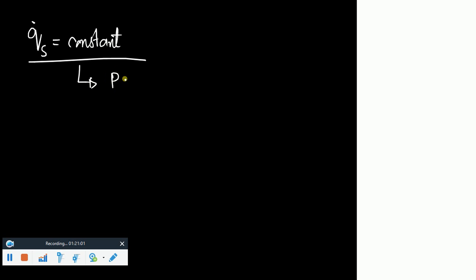Now just the last thing of this lecture, let me write down the relationships for this boundary condition. Q dot S is equal to constant. Now this Q dot S equal to constant thing, by the way, should be more related to the PCBs.